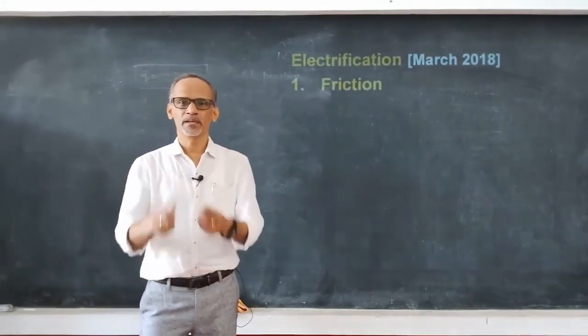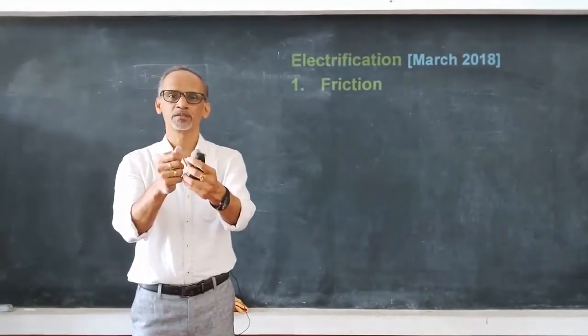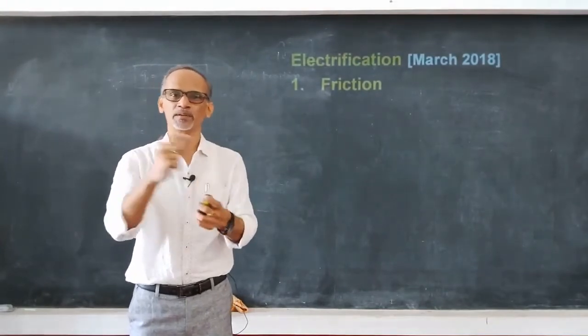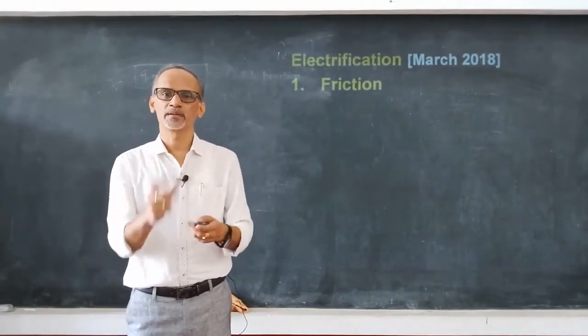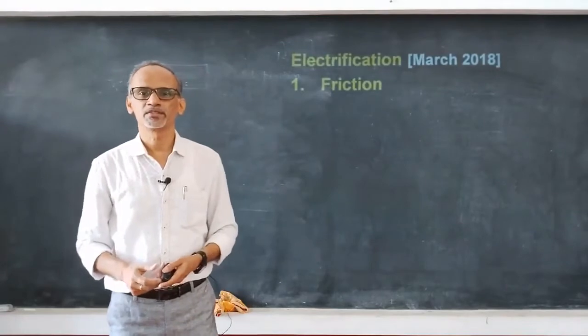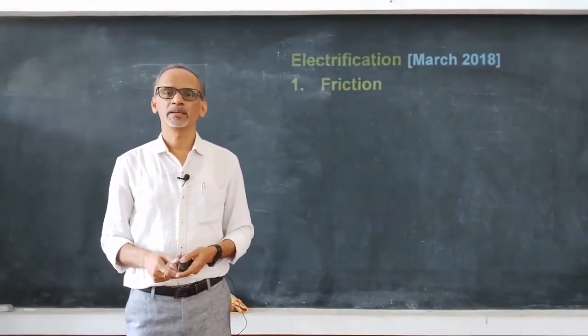In this method, you take 2 suitable bodies and rub them against each other. Electrons are transferred from one body to another, and thereby one body becomes positively charged and the other body becomes negatively charged. This method is called electrification by friction.